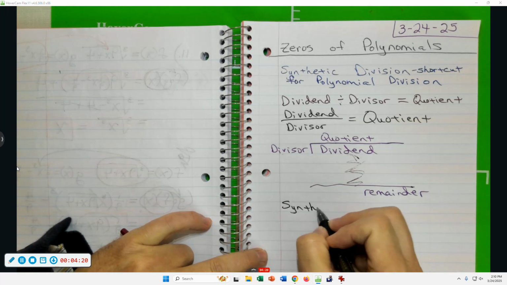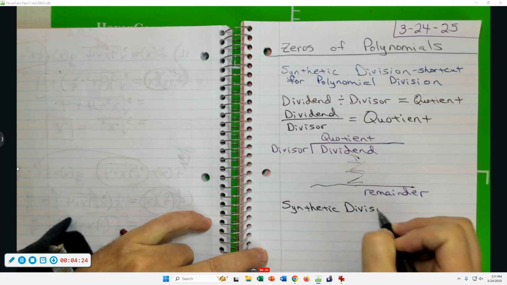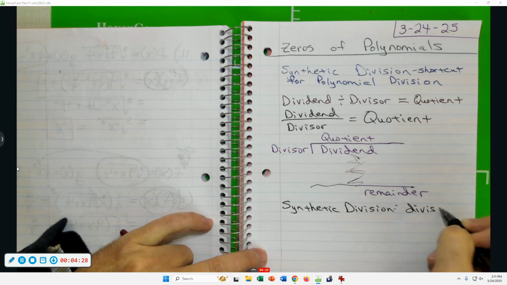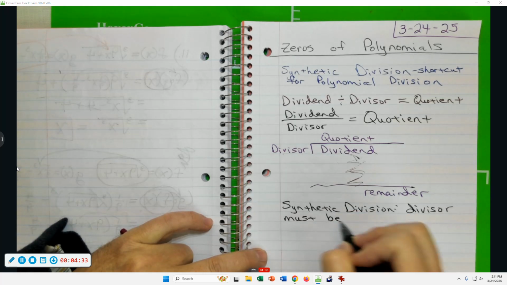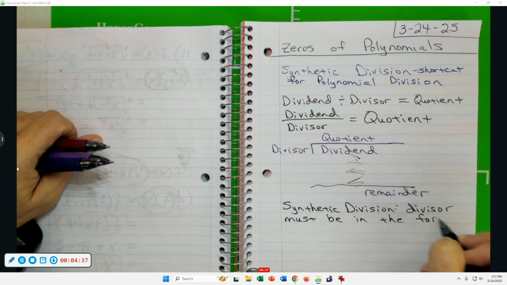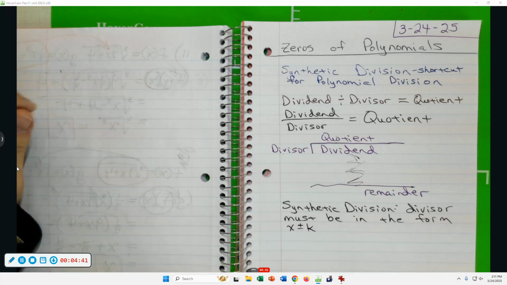To be able to use synthetic division, the divisor must be in the form x plus or minus a constant k.